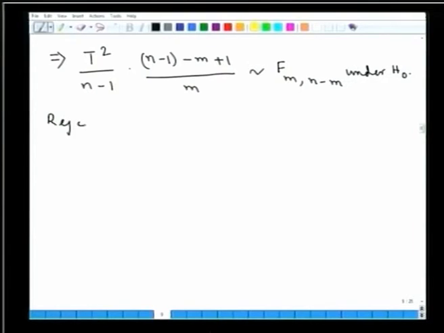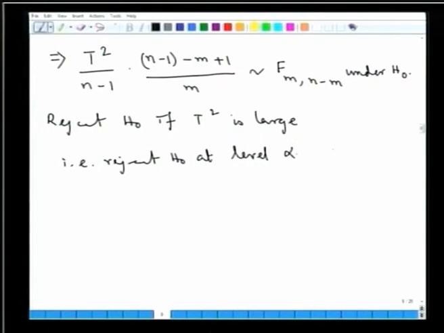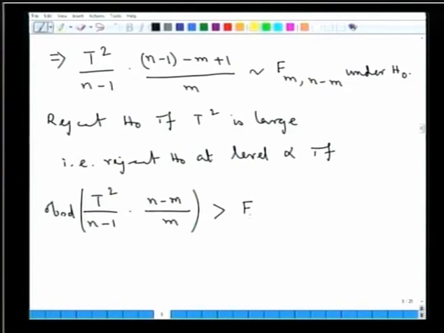So the test for H naught against HA is to reject H naught if T-square is large, that is, we will reject H naught at level alpha if our T-square by (n minus 1) into (n minus m) by m, the observed value of this test statistic, exceeds F with m, n minus m degrees of freedom, the tabulated value at the alpha percentage point.